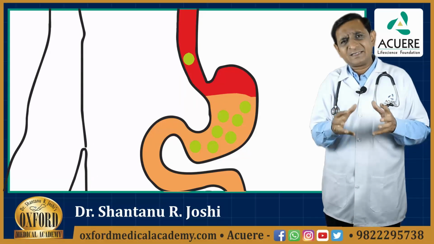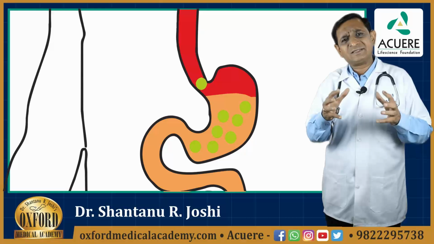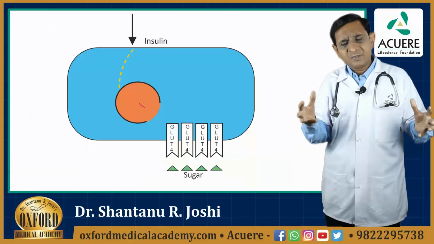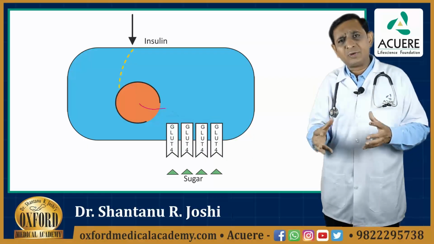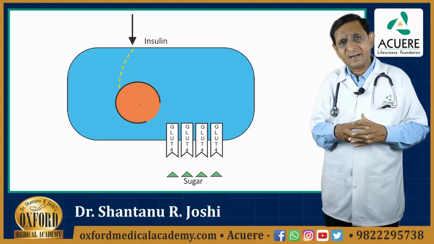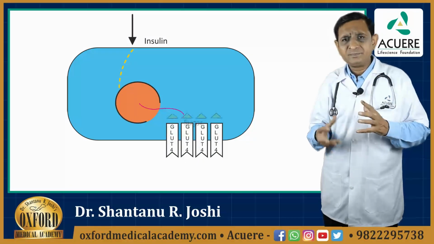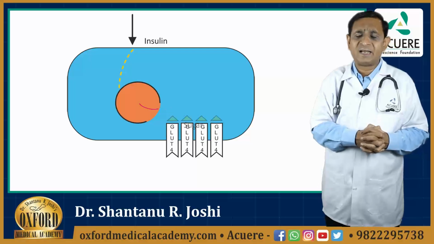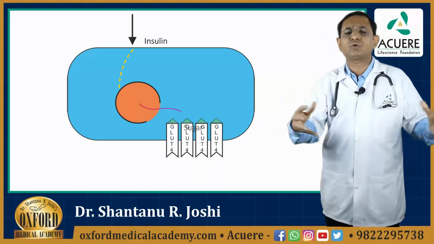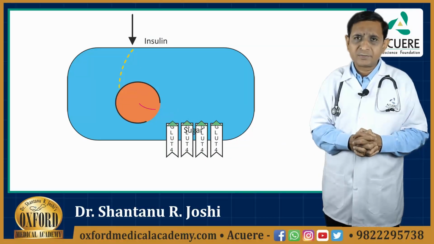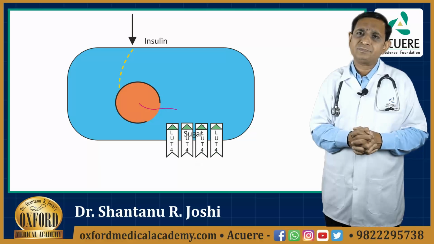Suppose one person is taking a high caloric diet for a long time. Due to the high availability of sugar, more insulin will be secreted, more GLUT receptors will be recruited, more sugar will enter the cell, and the cell will have much more stores of sugar, glycogen.